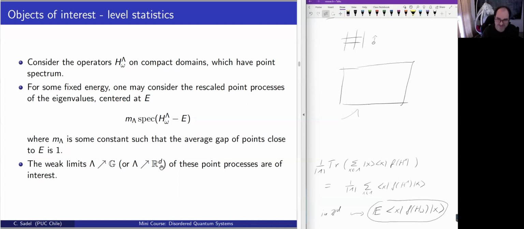So the density of states tells you a little bit about the overall shape, on how many eigenvalues you have in a region, and then the limiting point process tells you, for large boxes, how close to each other eigenvalues can get, if there is some level repulsion, or if they are essentially independent and there is no repulsion at all.